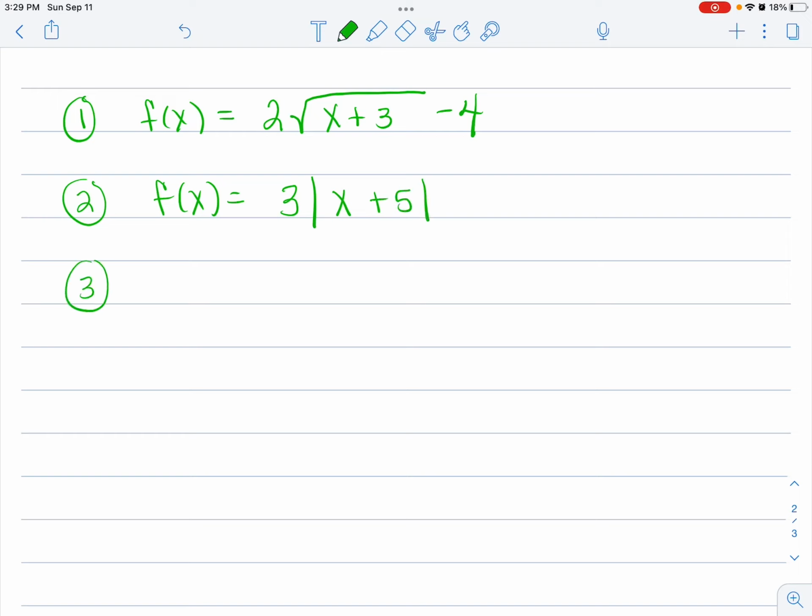The third one is the quadratic function or the squaring function. And then the last one is the reciprocal function.